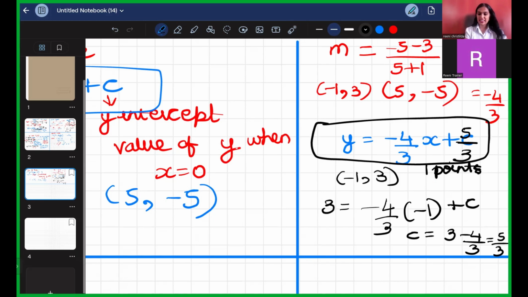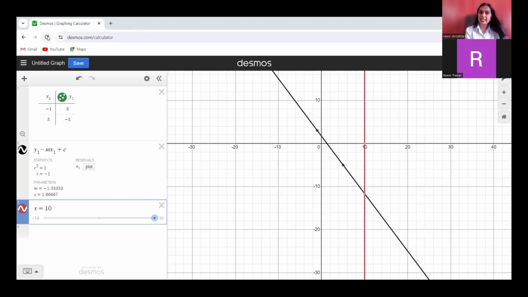Now let's do this question on Desmos. You can open your window on Desmos. This is the Desmos graphing calculator.